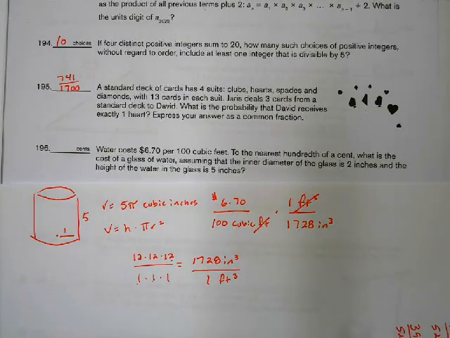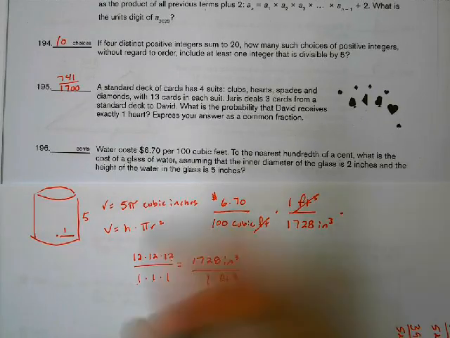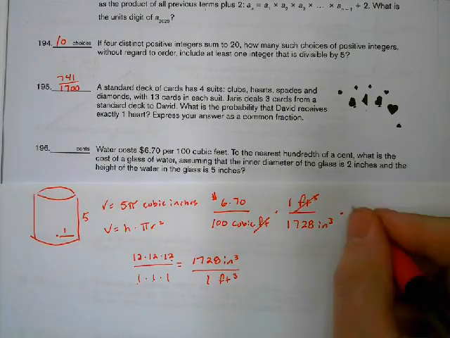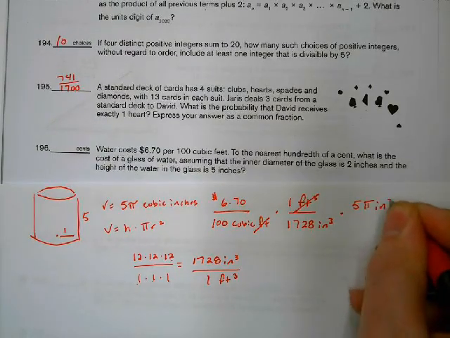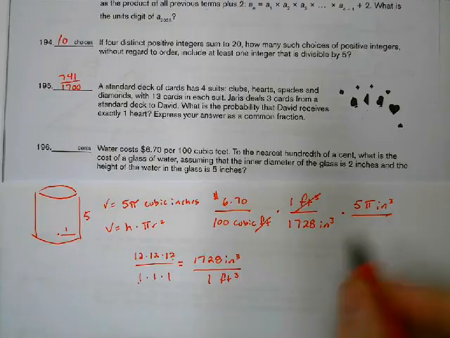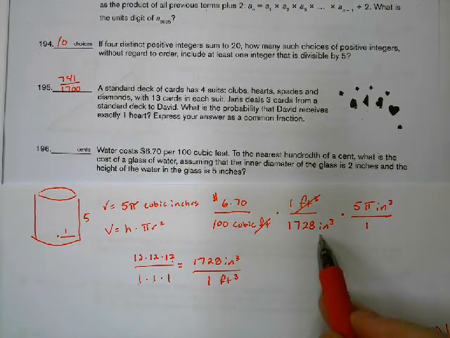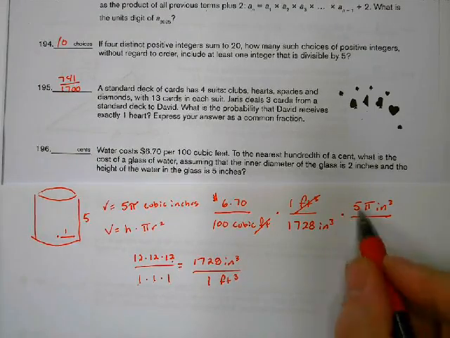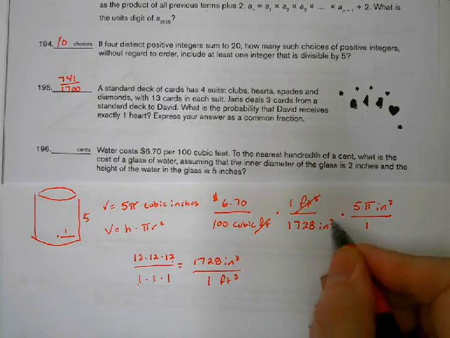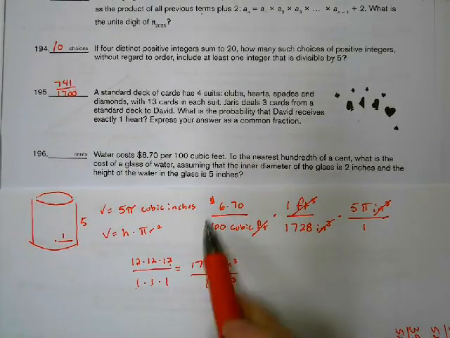I still have to multiply by 5 pi. I don't want my answer in dollars per cubic inch. I want my answer just in dollars. So I'm going to multiply by 5 pi inches cubed. And now in my conversion, the inches cubed are gone.